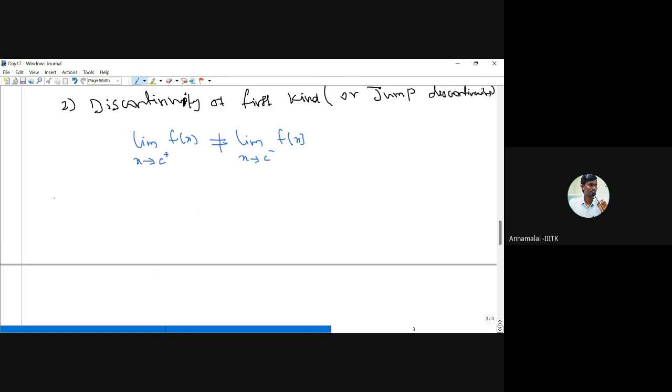Now, discontinuity of the second kind is when neither the right hand limit nor the left hand limit exists, or none of them exist.